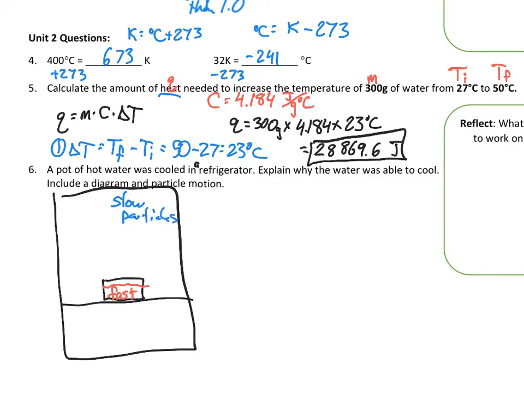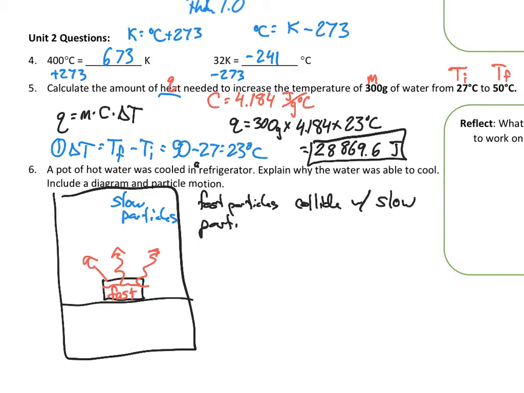Well, these fast particles are going to be leaving out, right? And as they are leaving out, they're going to bump into the slow particles. Okay, so fast particles collide with slow particles in the air.